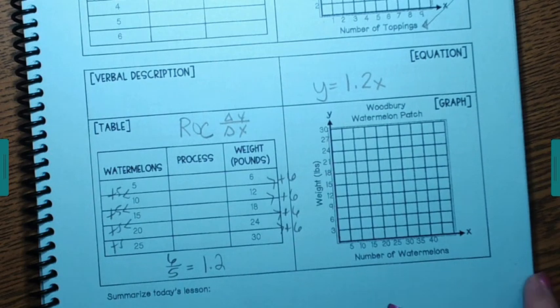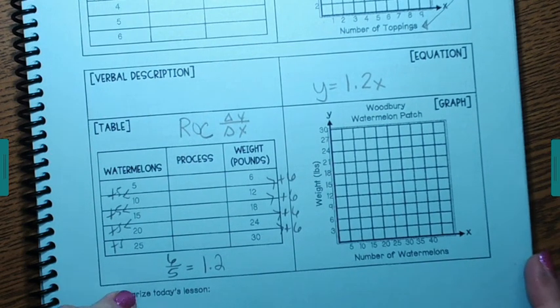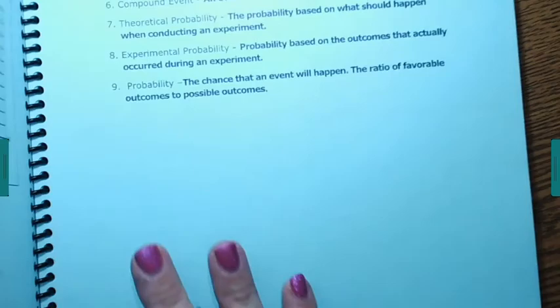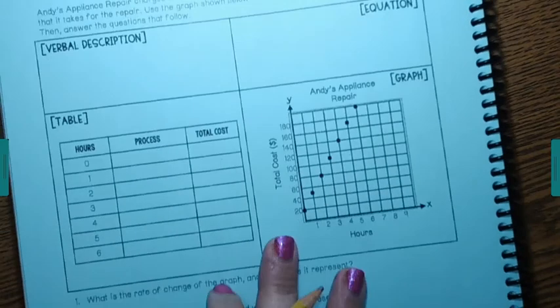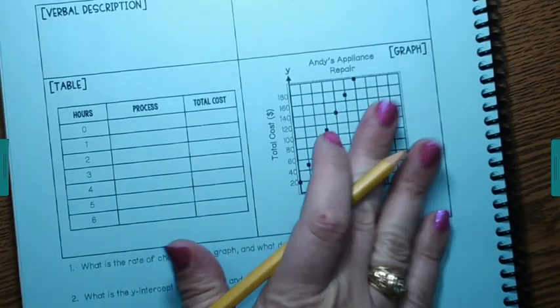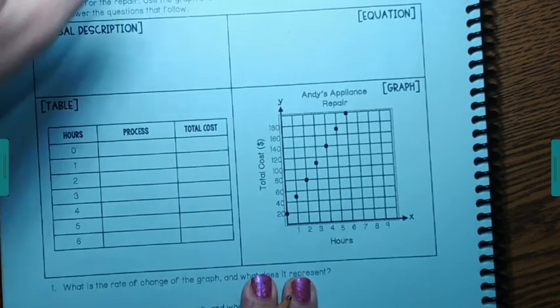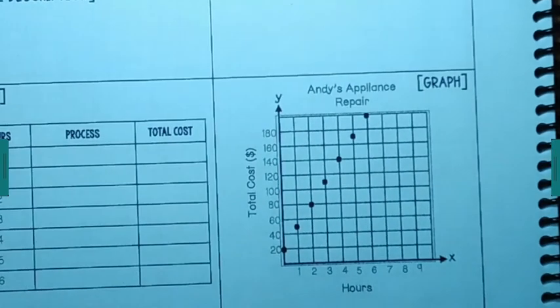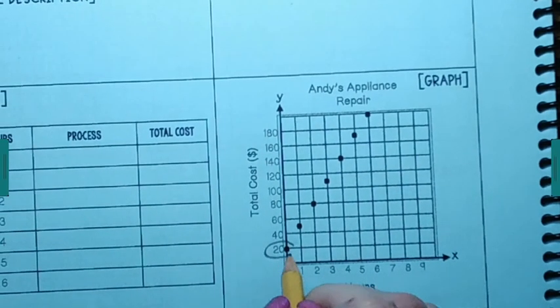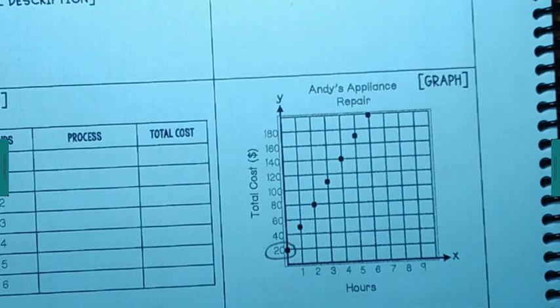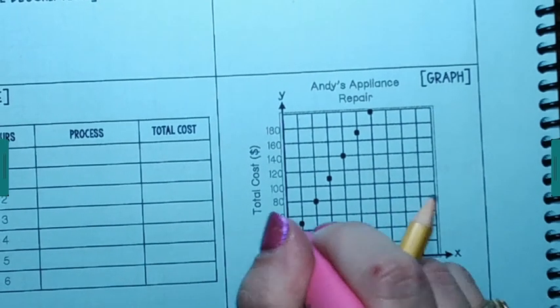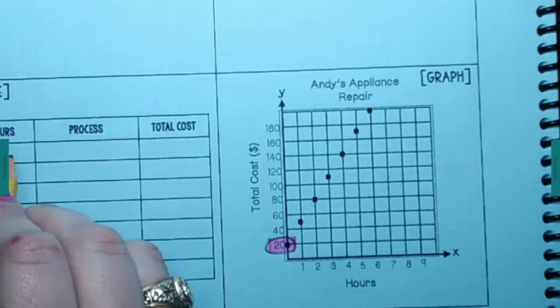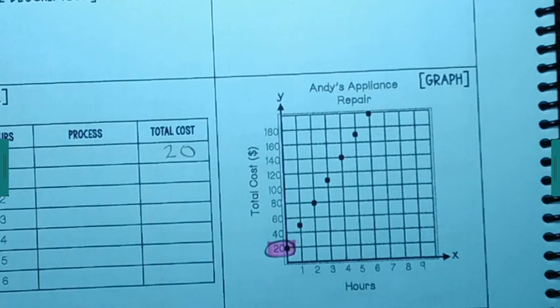Okay? All right, go ahead and turn to that last page. All right, this time we just have a graph. Okay, what's the y-intercept? 20. Everybody, what's the y-intercept? 20. Okay, so that means when x is 0, y is 20.